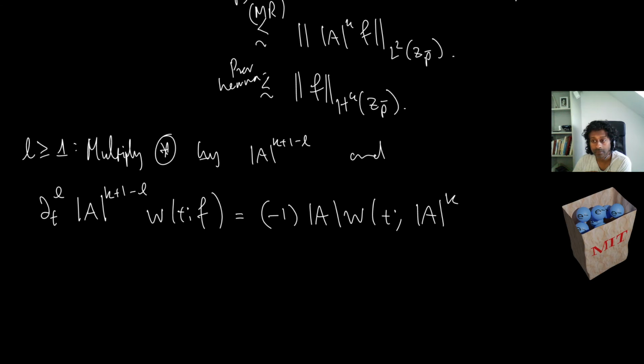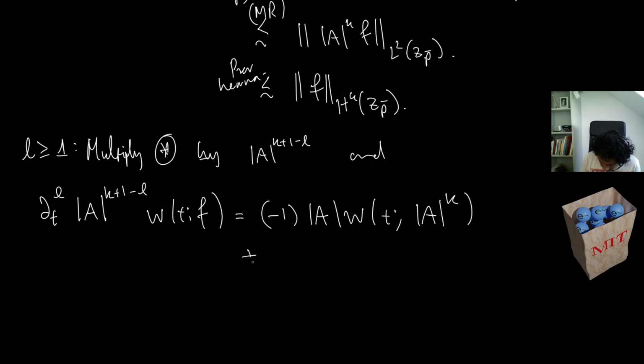Okay, so the point is that we had a modulus A to the L here, and that gets killed off by this, and we keep 1 power of the A here. Good. So that's that.